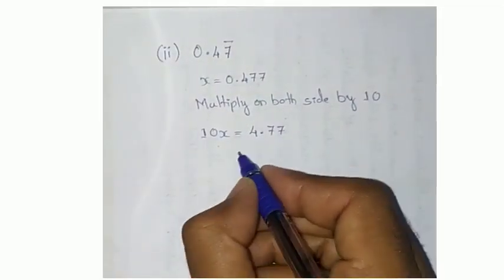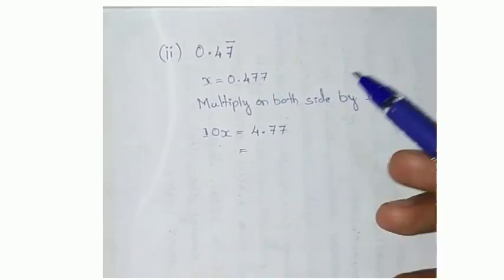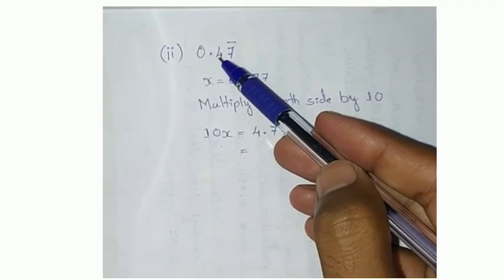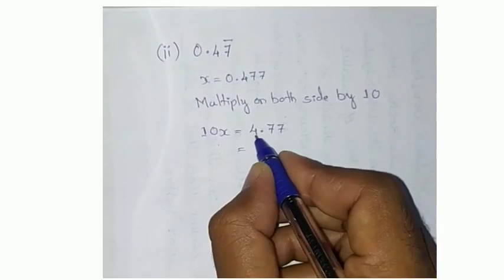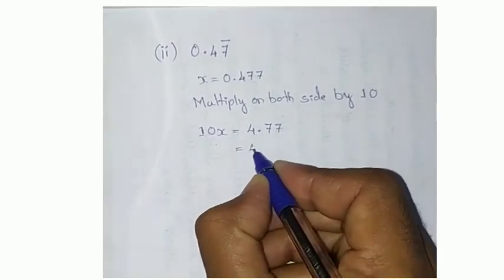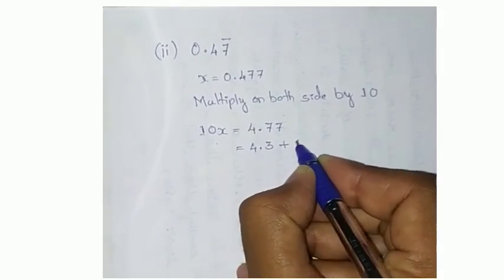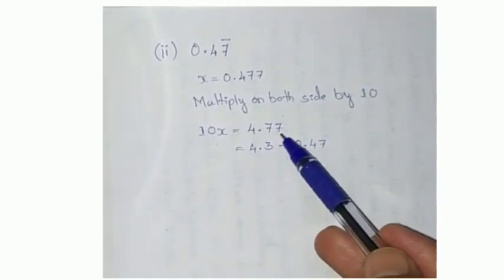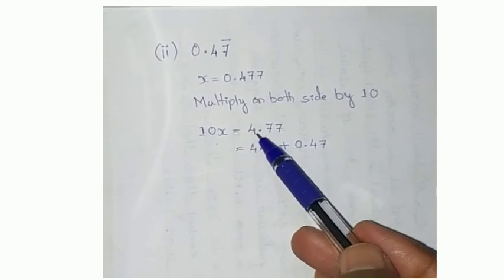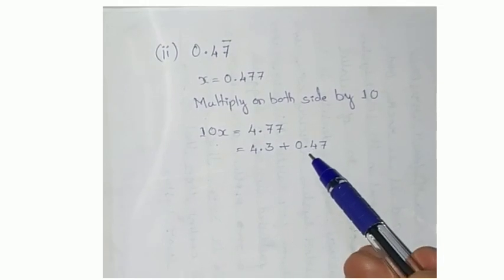Now splitting this 4.77, while splitting we should observe that in the second term we should get 0.47. So for that I'll take 4.3 on one side plus 0.47 on the other side. Now you check it. If you add both, again you will get 4.77 only, because we need 0.47 separately to write as x.